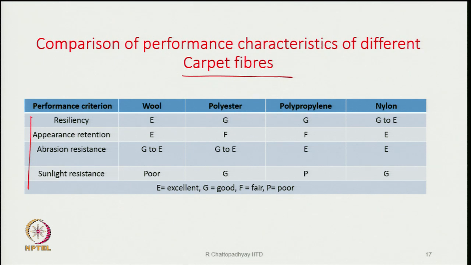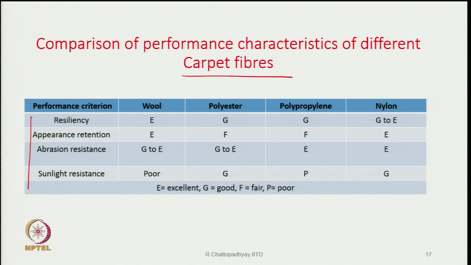They are qualitative values in terms of excellent, good, fair, poor. You see that every fiber in the list has some good points and some points where it is inferior in comparison to the others.